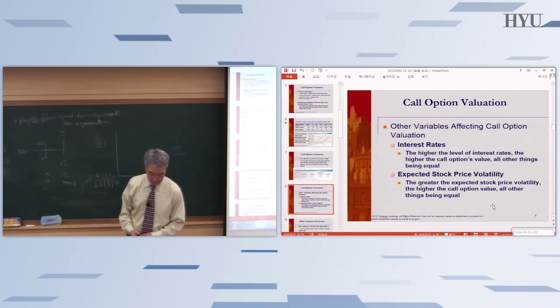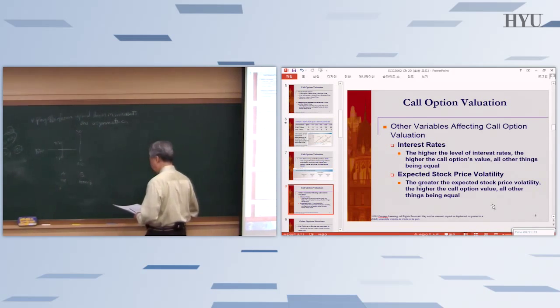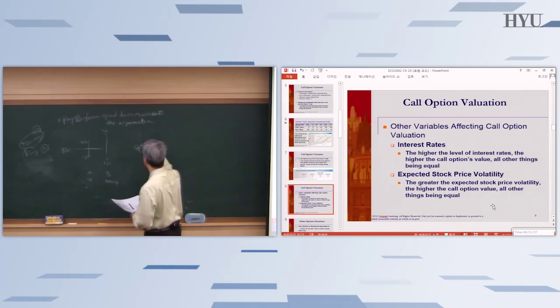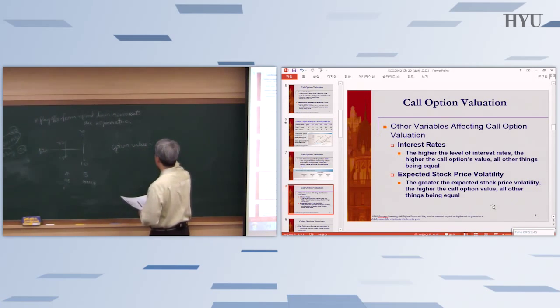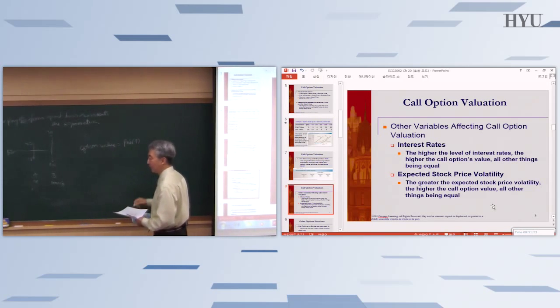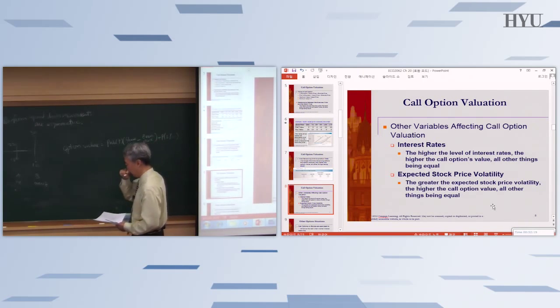Okay, but, because option value is, let's say, probability of going up times share price minus exercise price, plus probability of going down times 0.